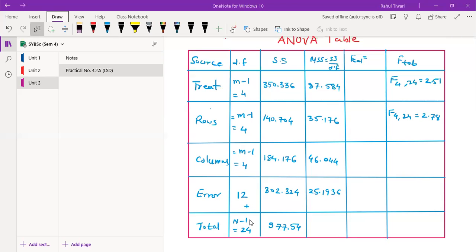You can just try out if this is coming right or wrong. So 40.7308.